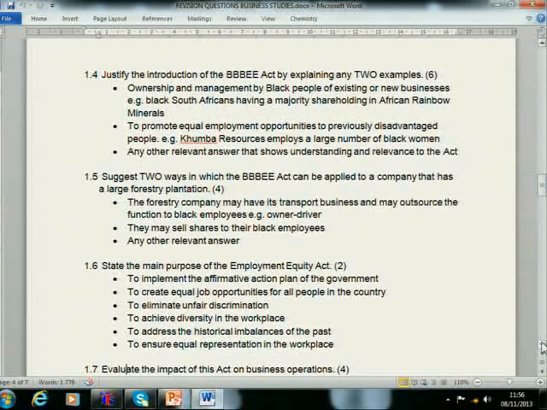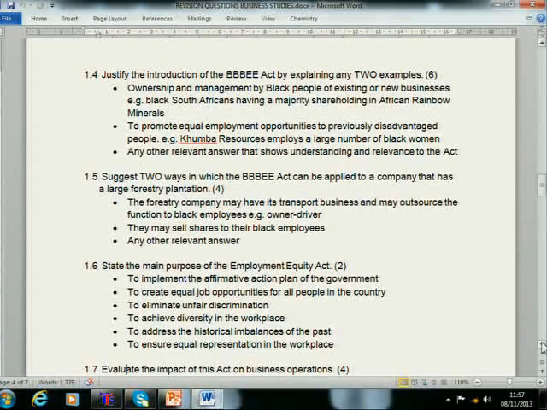This is one example of a question where application is needed. You know the 7 pillars of BBBEE. Ownership is one of them. This is how you may apply the information you have. Ownership and management, examples of the pillars.